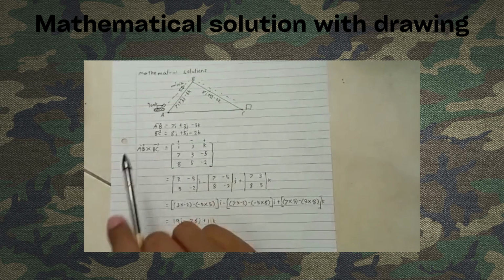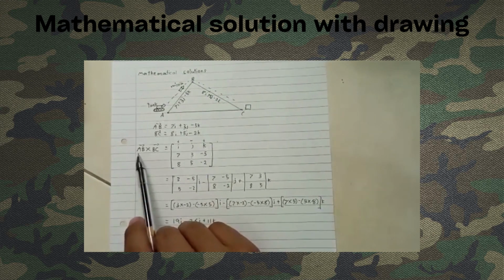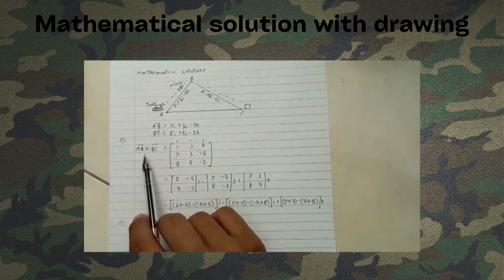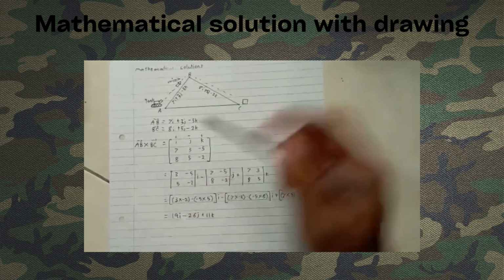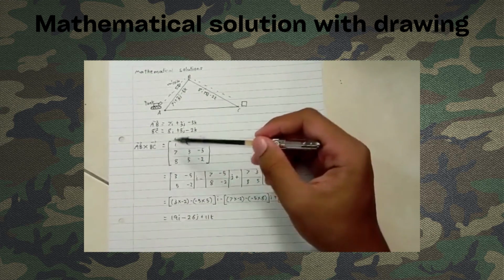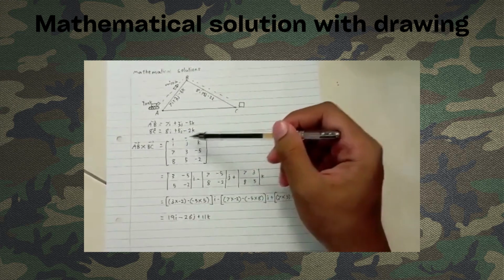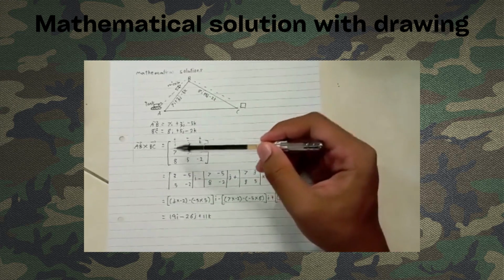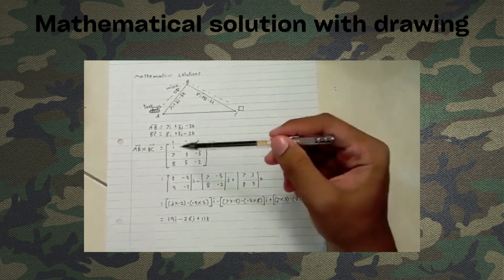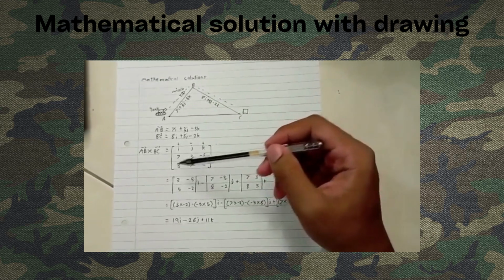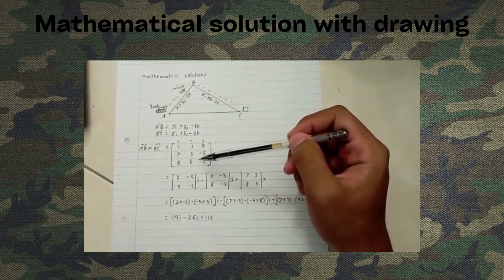We want to calculate vector AB cross vector BC, in a matrix: the first row is i, j, k, the second row is 7, 3, minus 5, and the third row is 8, 5, minus 2.